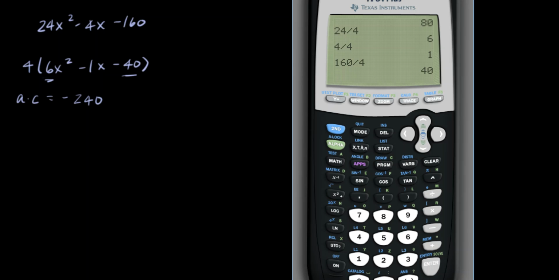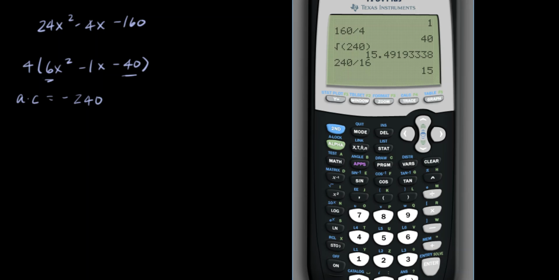Sometimes what I like to do is take the square root of 240 just to know what it is. And then I know that it's between 15 and 16, so I'll go to 240 and then I'll divide it by 16. And right there, brings back memories. So 16 and 15 are the factors.